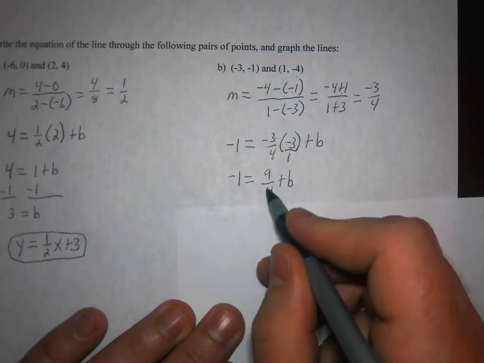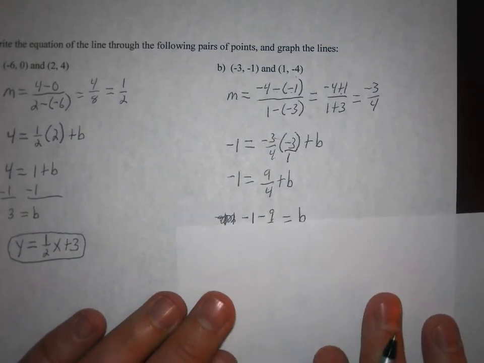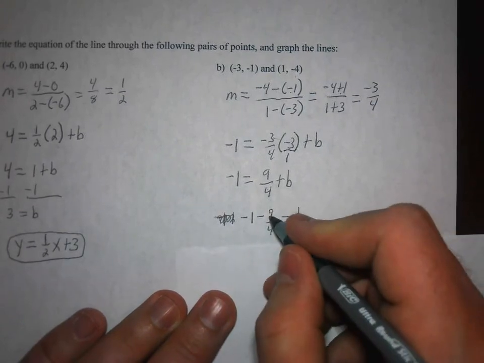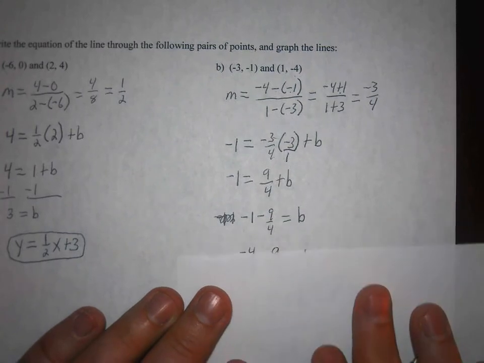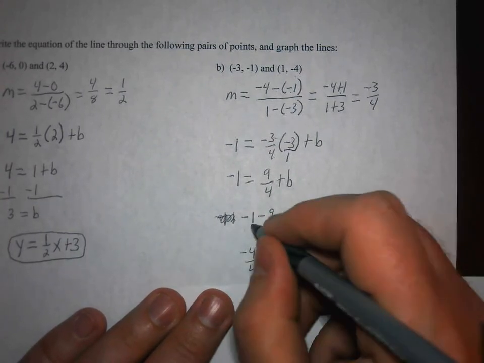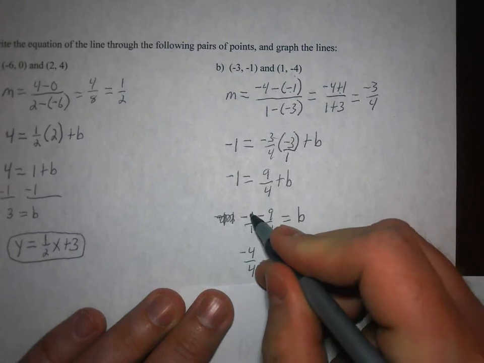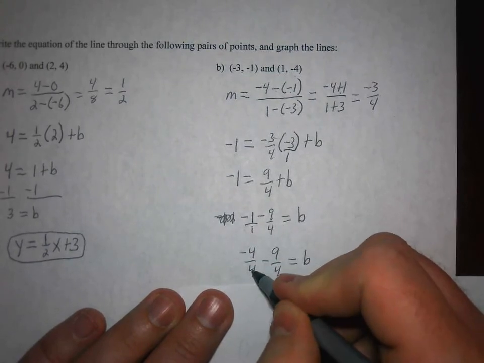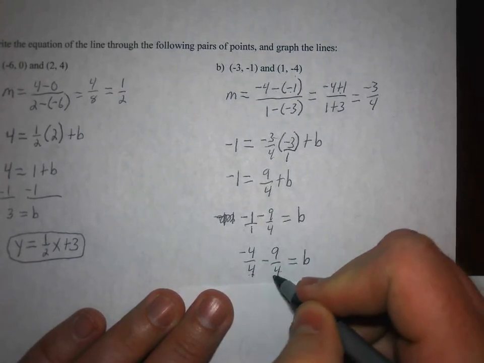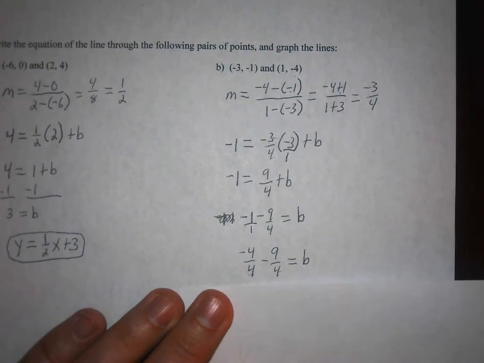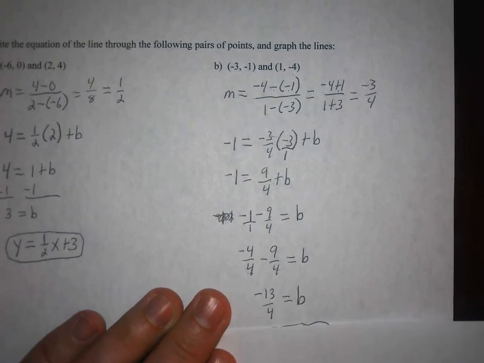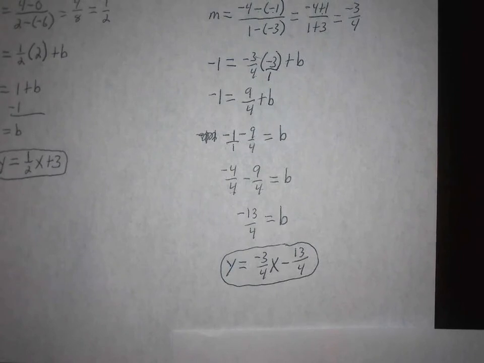And then, to get 9/4 to the other side, you have to subtract it. So I subtracted 9/4 from negative 1. Remember that negative 1 is negative 4/4. So multiply the numerator and denominator by 4 to get a common denominator so you can subtract them. And you could do all this in your calculator also. And you end up with negative 13/4 for the b value. So the equation of your line is y equals negative 3/4 x minus 13/4.